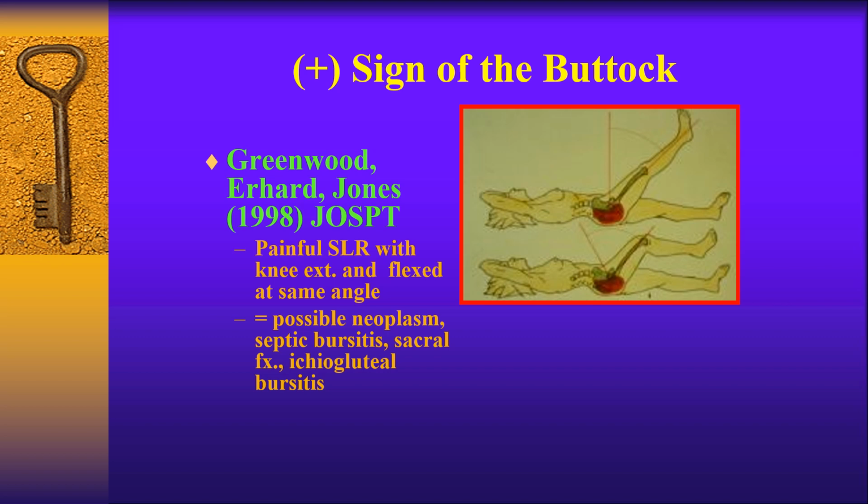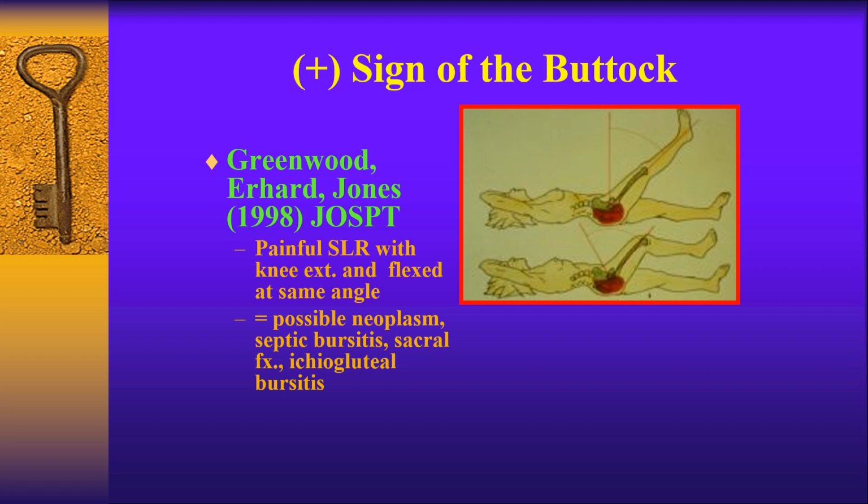If we reassess with the knee flexed to see if we can gain any additional hip flexion, and we do not, that's a positive sign of the buttock, meaning the amount of hip flexion stays the same regardless of whether the knee is extended or flexed.